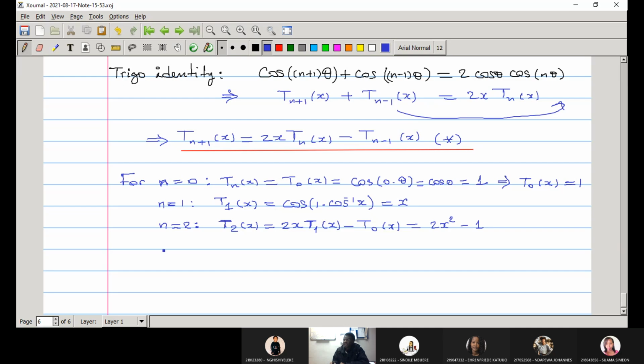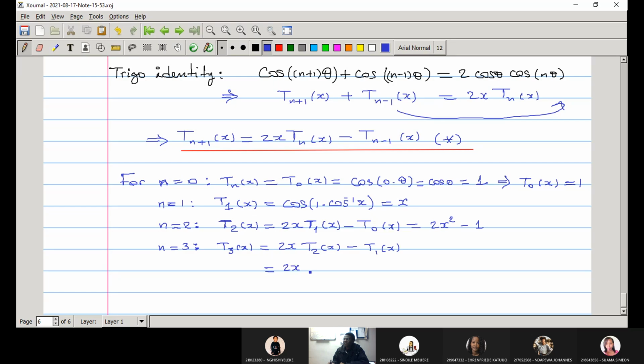Now, similarly for n equal to 3, T3 x will be 2x T2 x minus T1 x. But we have just computed T2 x, which is this one. So we just substitute.